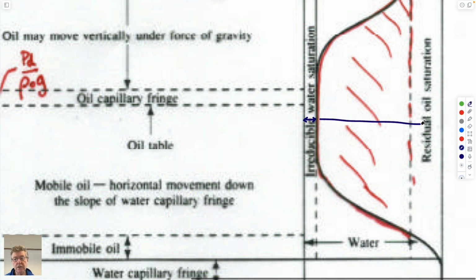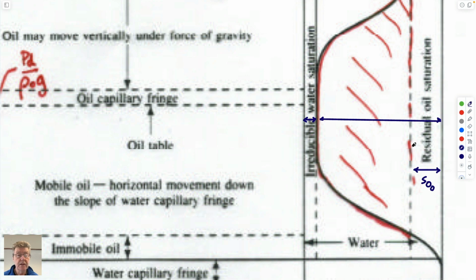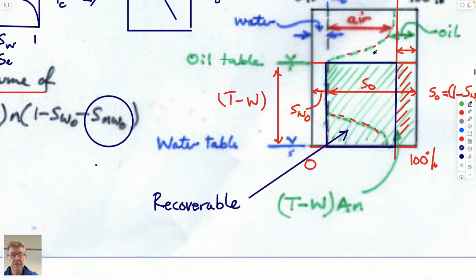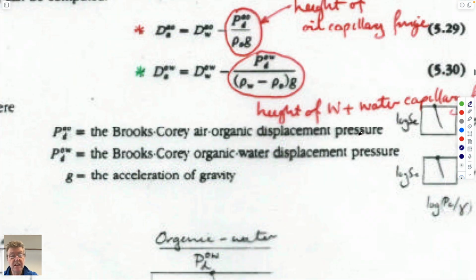This would be the saturation of oil within our system. And as we wanted to remove it, the amount of residual oil that would be left would be this amount here, the irreducible saturation of the oil. So this is exactly the same as the figure we saw before, just drawn out in schematic.